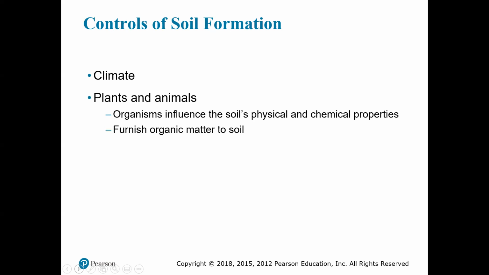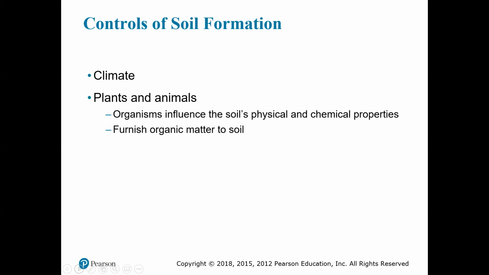Then, of course, we have plants and animals. We know that the soil contains part of the biosphere, and so the types of organisms that are there and how many organisms will influence the properties of the soil. Plants and animals furnish organic matter to the soil, of course, plants being the number one contributor. Soil fertility depends on how much organic matter is present.